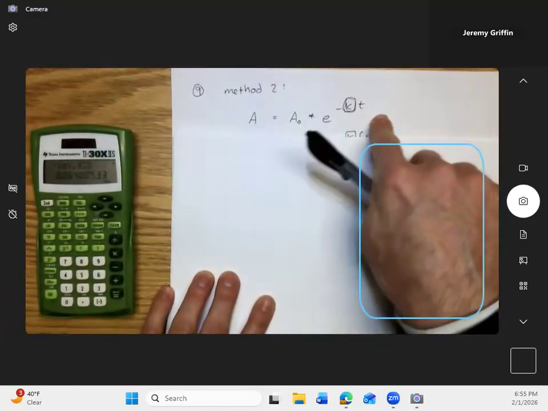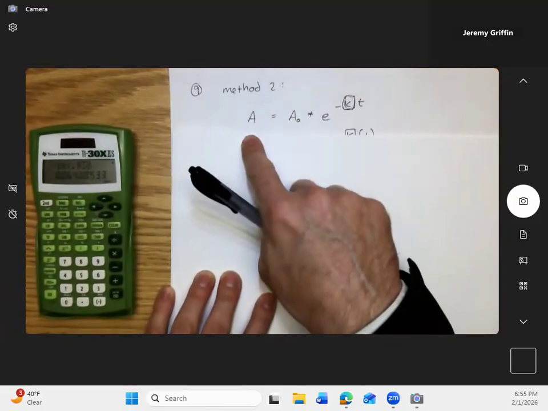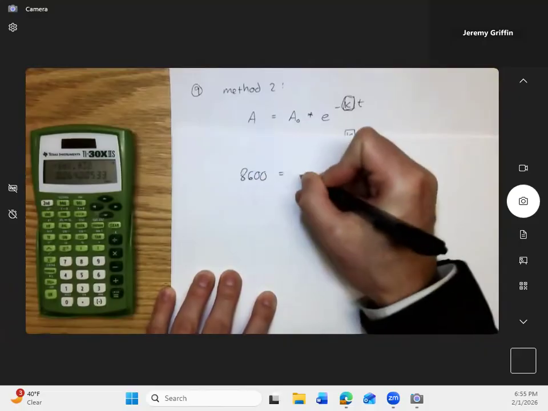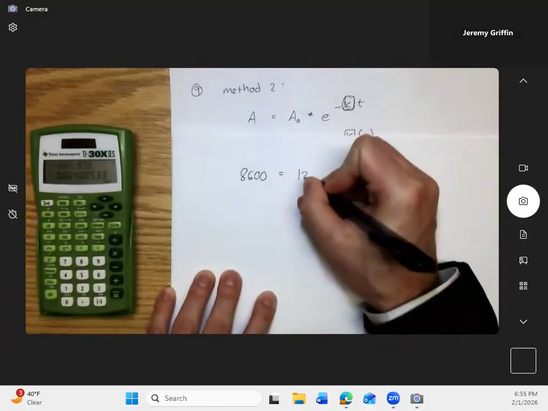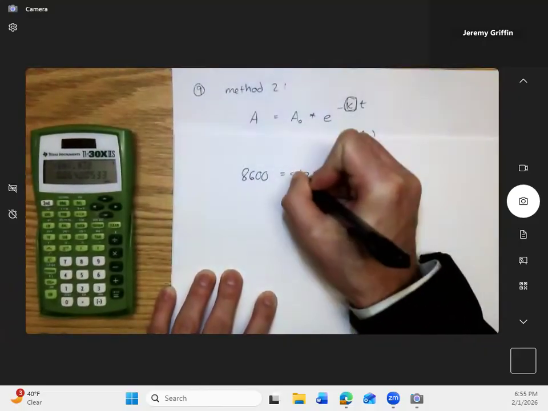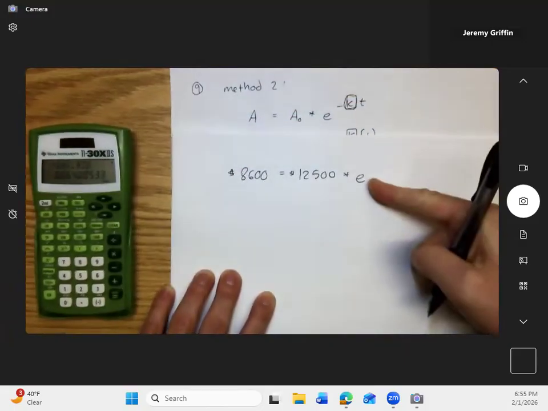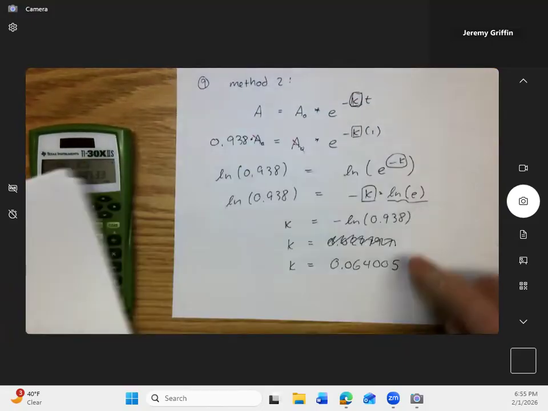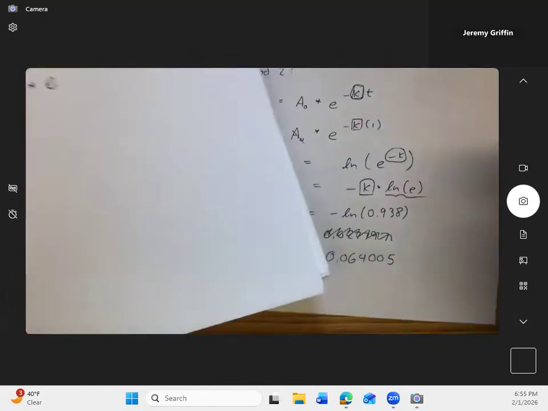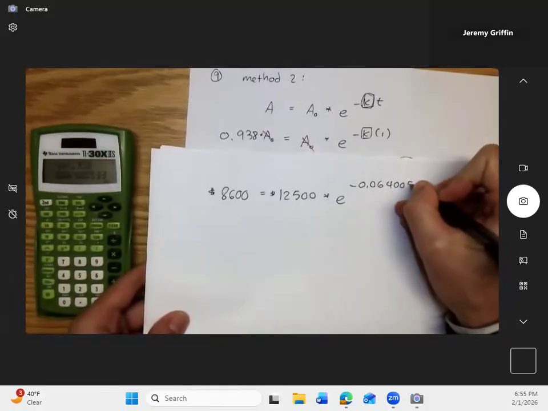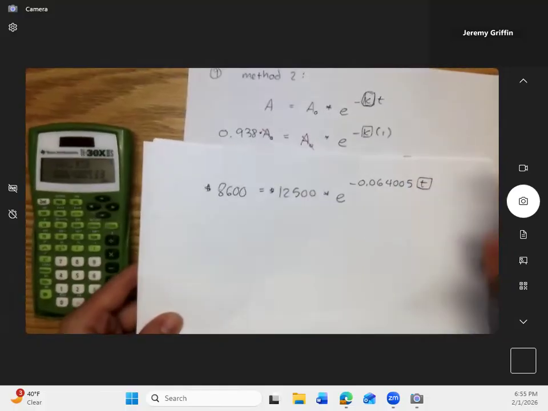So with that method, I'll go back to this model, but now I know the specific present value is $8,600. The original value was $12,500. These are dollars. But now I'm using the continual model, which means I need this k value of 0.064005. And I'll solve for t this way.